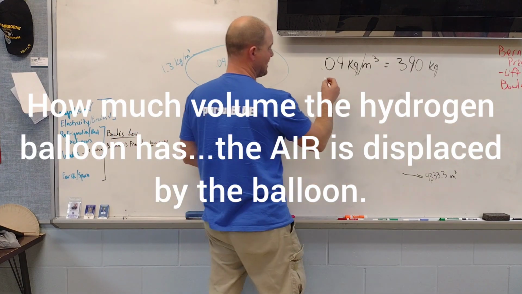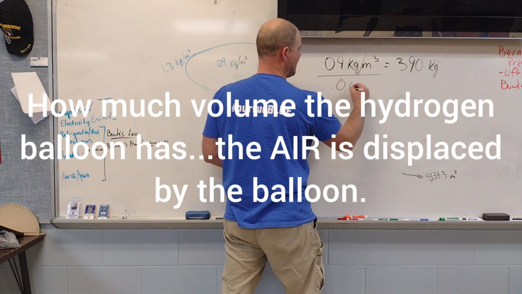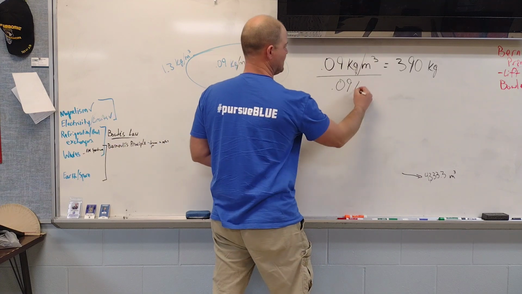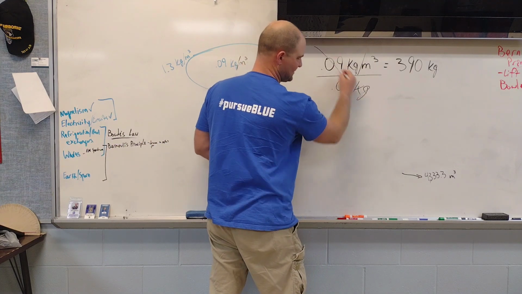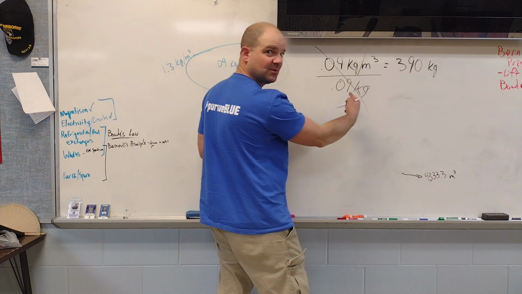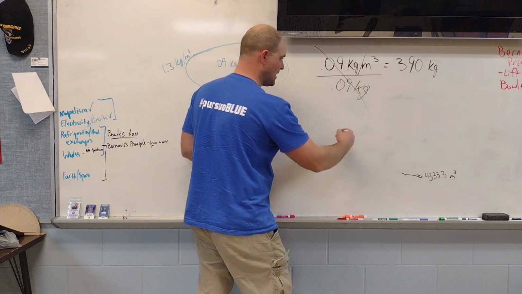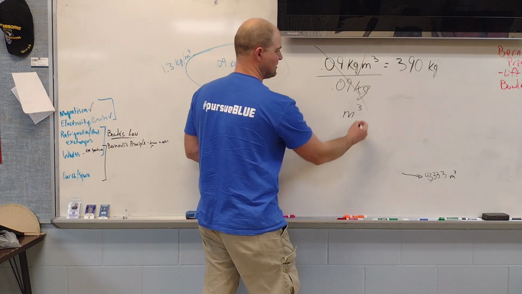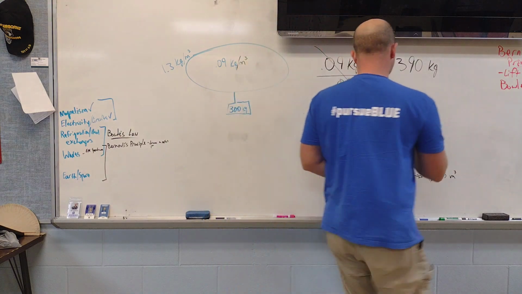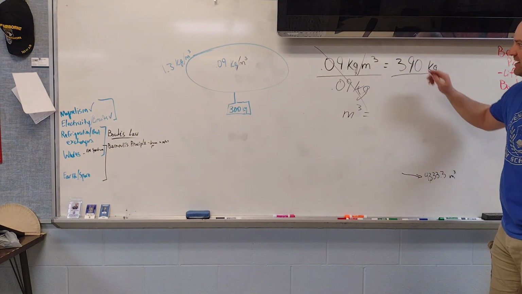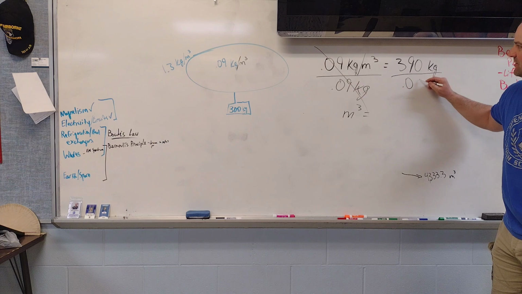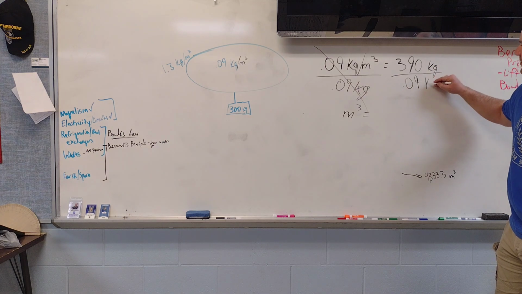So we're gonna say, divide out the kilograms, right? So that gets rid of that. All we're left with on this side of the equation now is our cubic meters, and that's going to be equal to 390 divided by 0.09 kilograms.